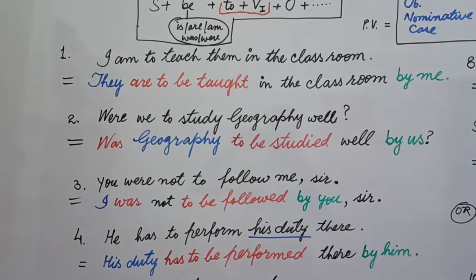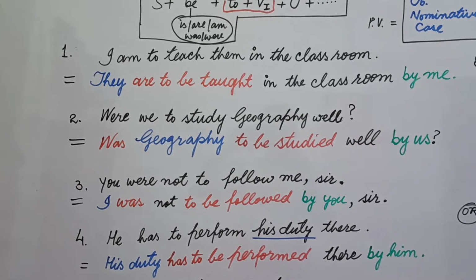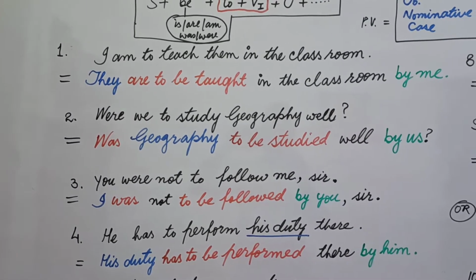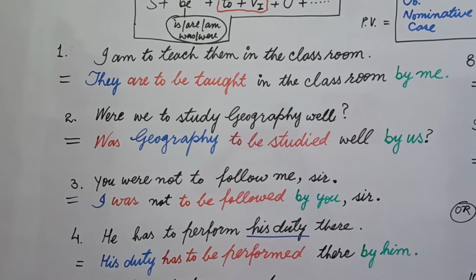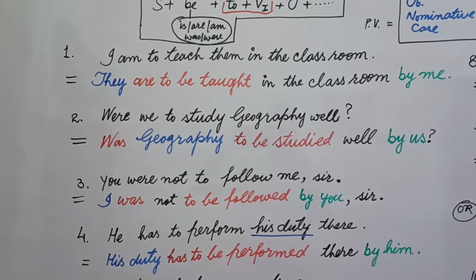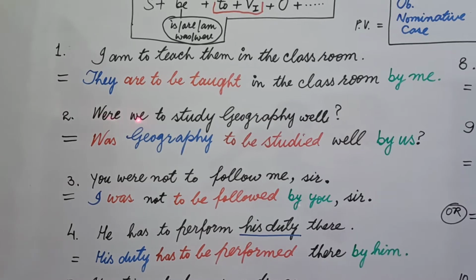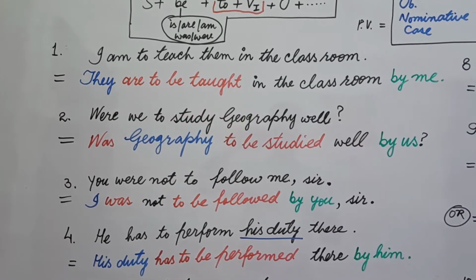In our example number 2, we were to study geography well, and this is in the form of an interrogative sentence, and you will pick your subject 'we', and your object is 'geography'.